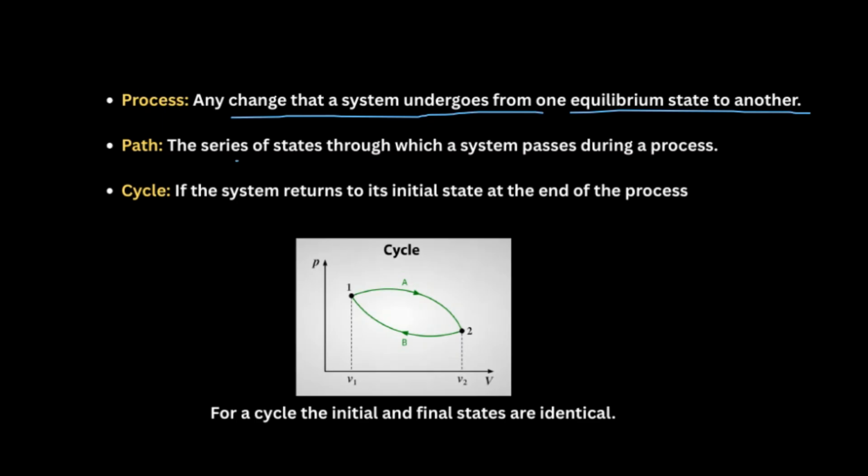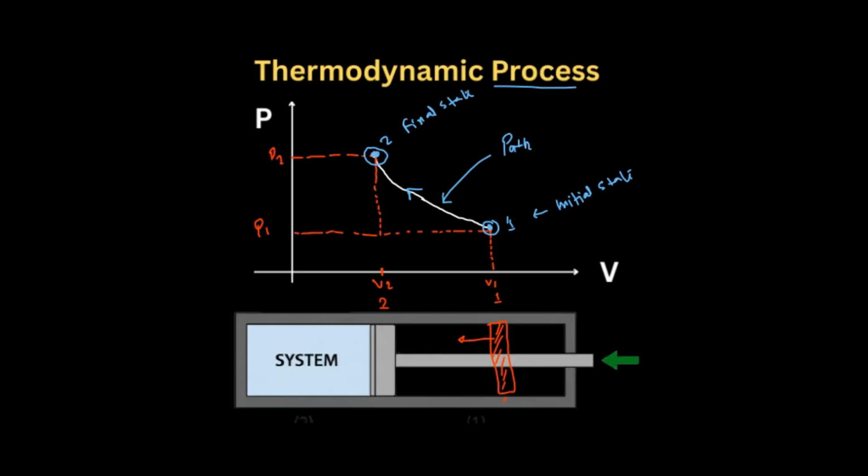And the series of states through which the system passes during the process is nothing else but the thermodynamic path. So it has to pass through different states, 1, 1 dash, 1 double dash, 1 triple dash, right? You have to go through many different points before reaching the final equilibrium point 2. This is nothing else but the path.